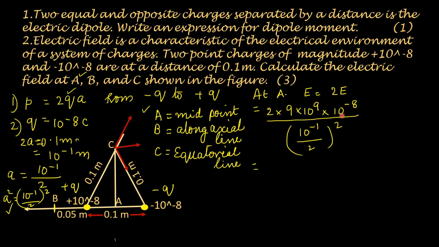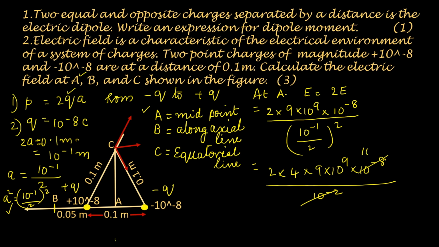This 4 can be shifted to the numerator. So it will become 2 into 4 into 9 into 10 raised to 9 into 10 raised to minus 8, the whole divided by 10 raised to minus 2. 10 raised to minus 2 in the denominator and 10 raised to minus 8 in the numerator get cancelled and becomes 10 raised to minus 6. 10 raised to minus 6 and 10 raised to 9 becomes 10 raised to 3.